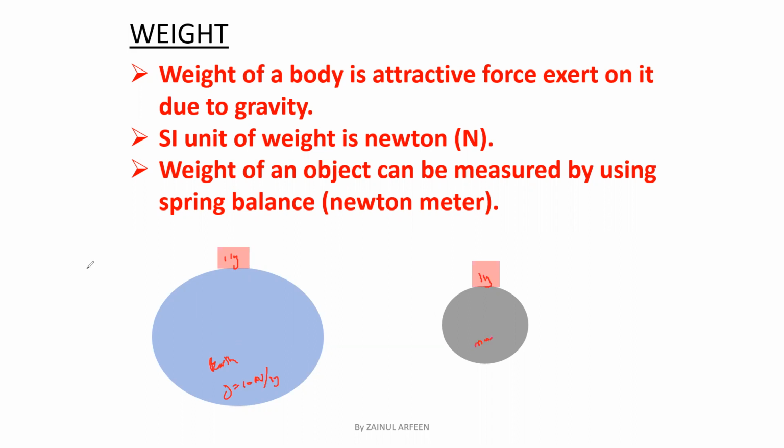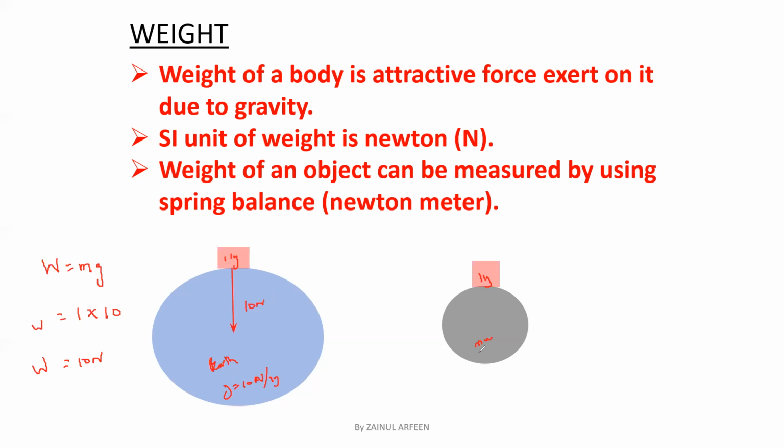So how can we find the weight on Earth? The formula W equals mg. So m is the mass, which is 1, multiplied by gravity of the Earth, 10. So 1 multiplied by 10 equals 10 Newton. So the weight of this object on Earth, the pull of the Earth, is 10 Newton.